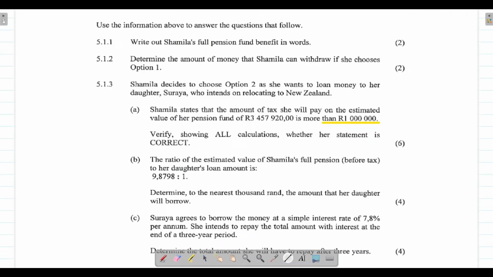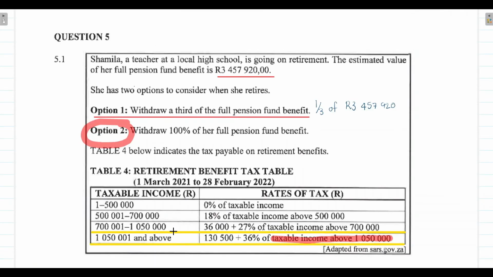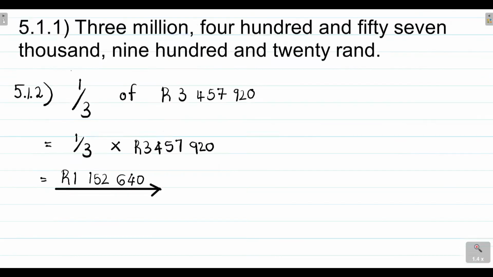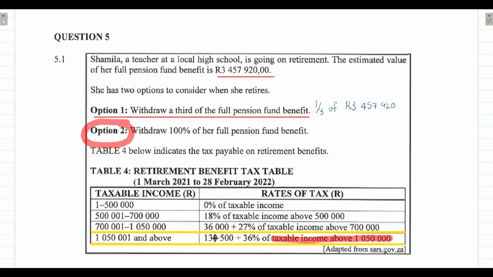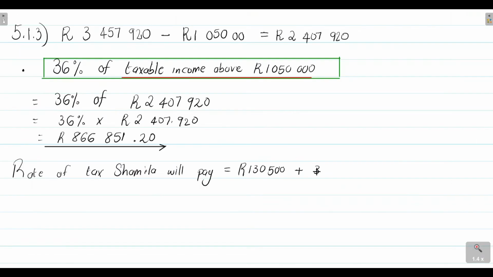To then get the rate of tax that Shamila is going to pay, remember we were given in our table that it's 130,500 plus that 36% of the taxable income above that 1,050,000.